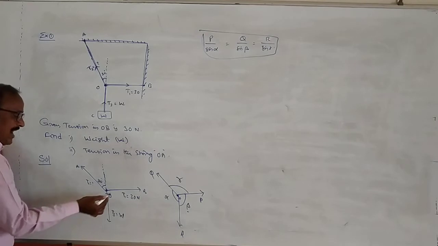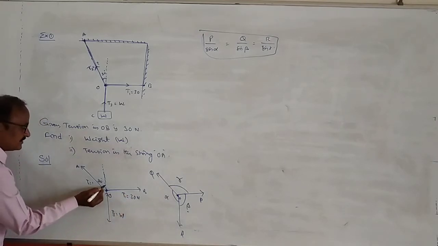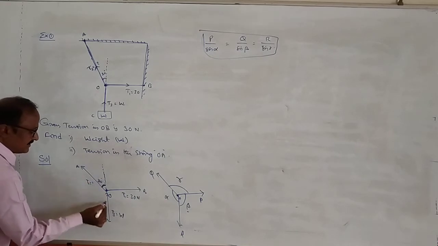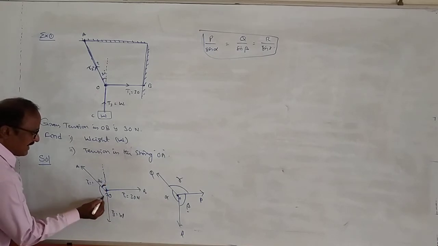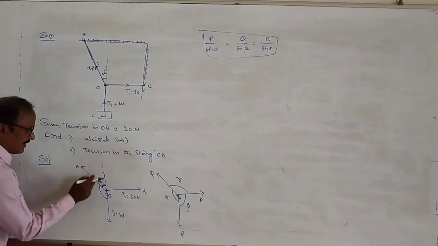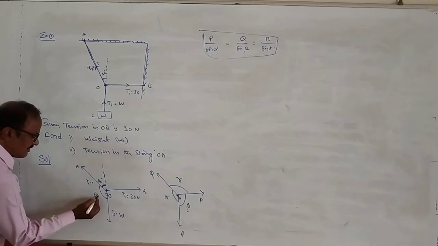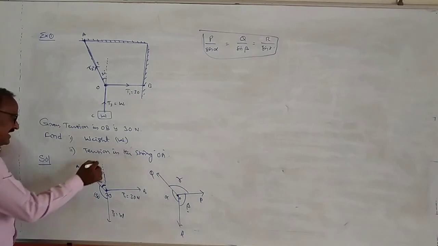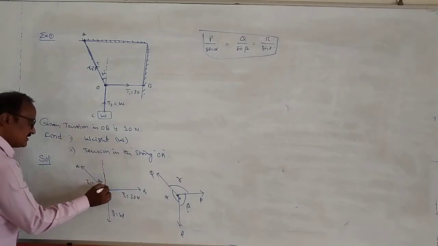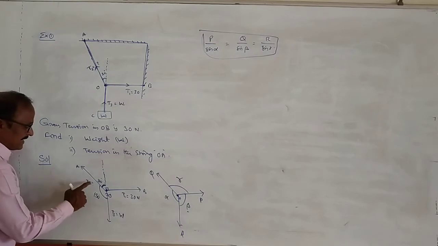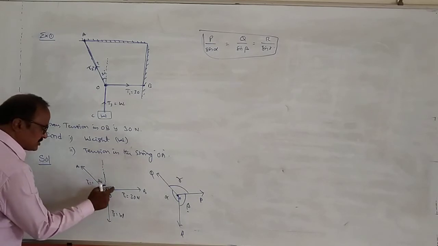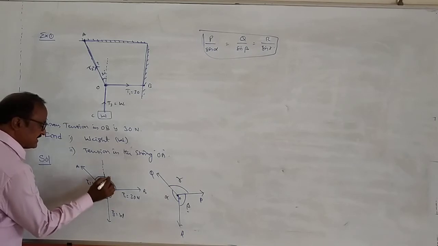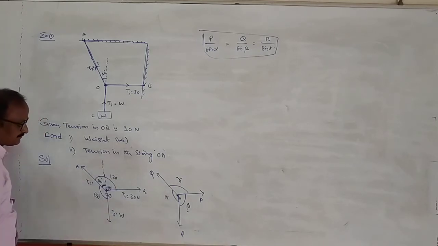Then what is the angle opposite to this T1? It is given as 30, and the total angle should be equal to 180. The other angle is 120 degrees.